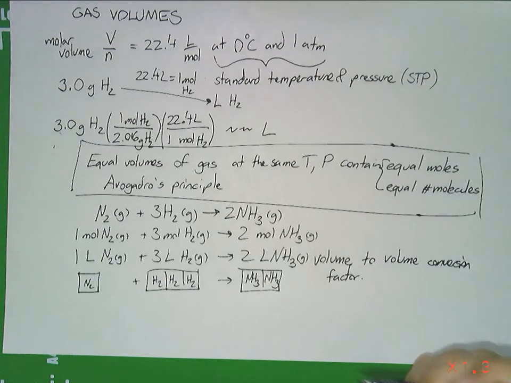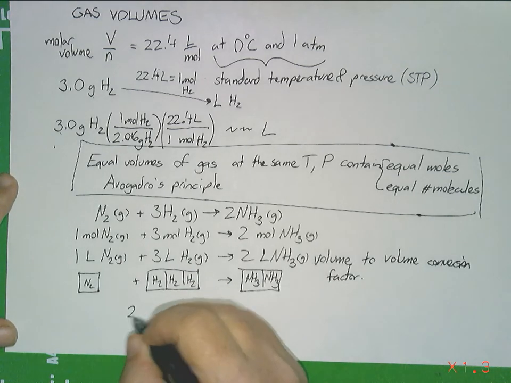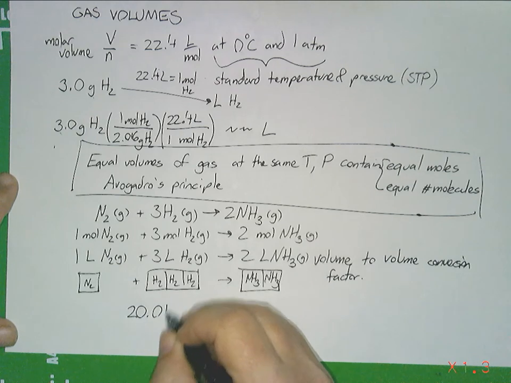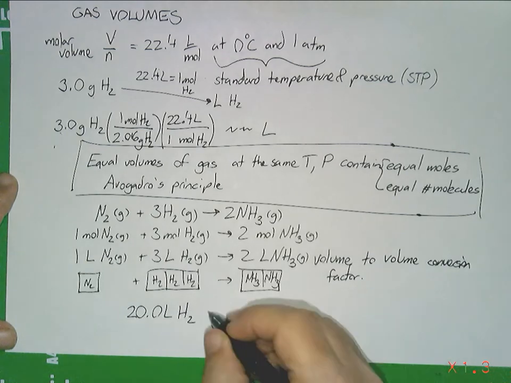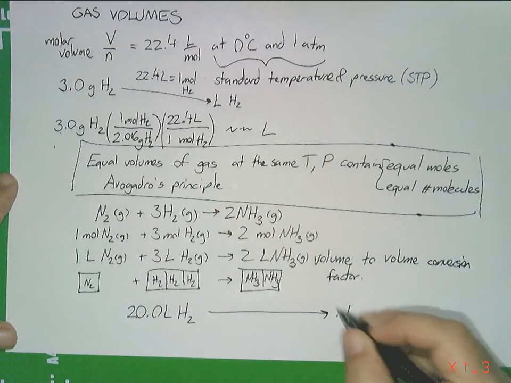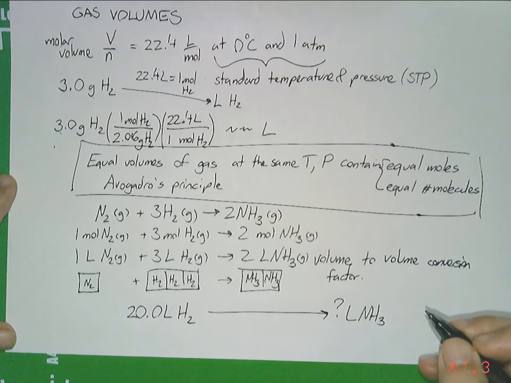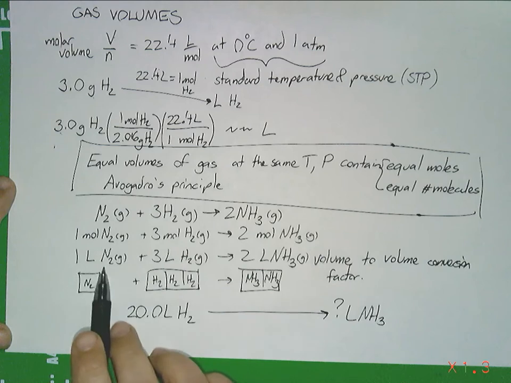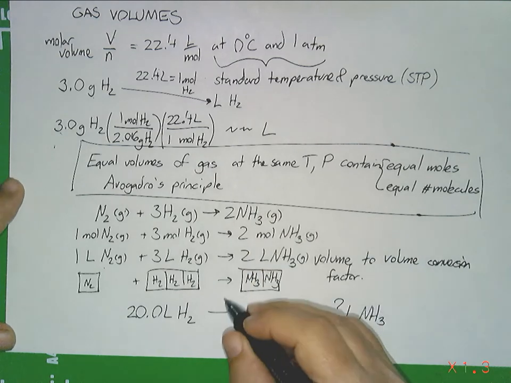All right, how would I use this little fact? Suppose I had 20.0 liters of H2 gas. And I wanted to know how many liters of NH3 gas could I make from that? Well, I could use the equation as a liter to liter conversion factor between H2 and NH3.